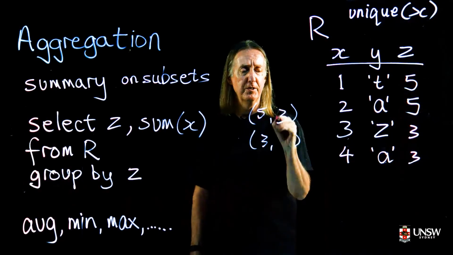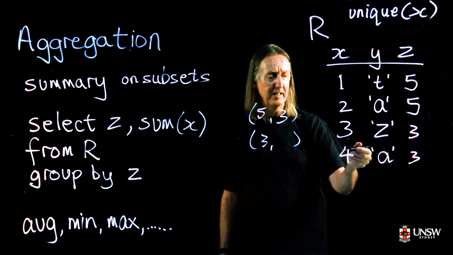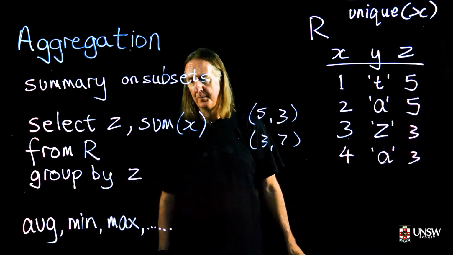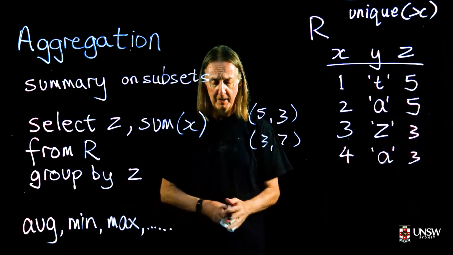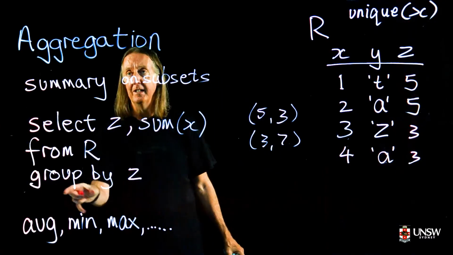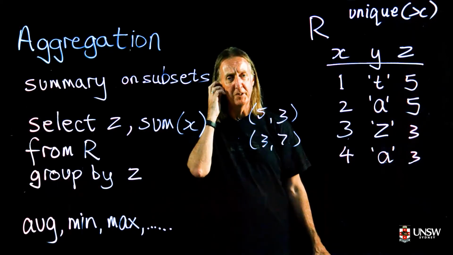The sum of those is 3, and the Z equals 3 group has two tuples with X values 3 and 4, so the sum of those two is 7. So that's the result you get from that. So group by allows you to summarise information about subsets of the table.